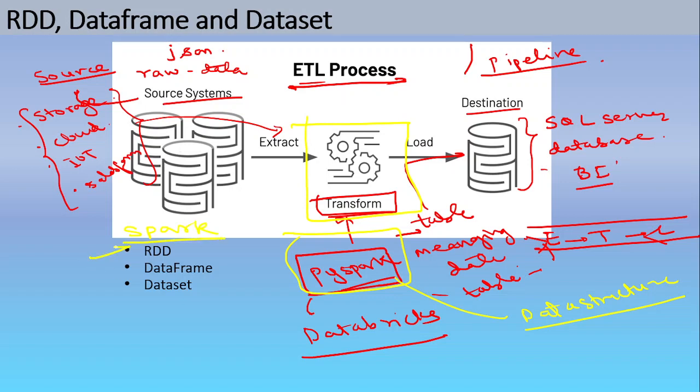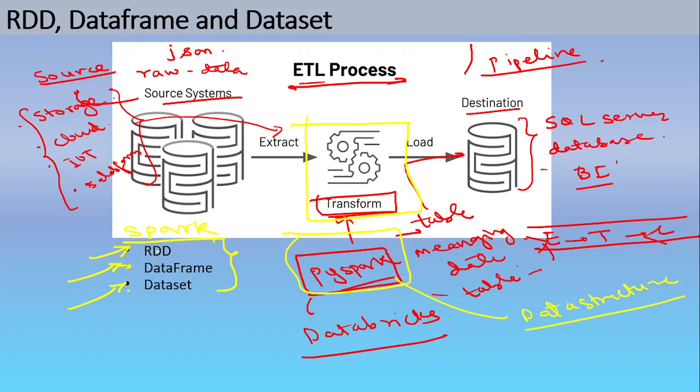First is RDD, second is DataFrame, and third is Dataset. To do the transformation, we need to write code, and we will write the code by using these data structures. These three are the types of data structures in Spark.